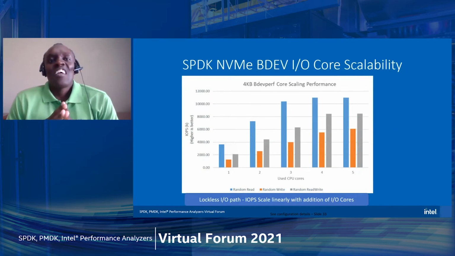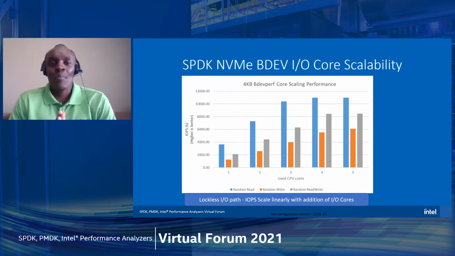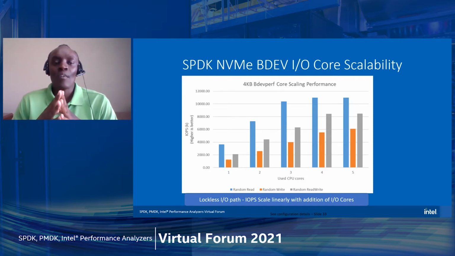Looking at the scalability of the lockless IO path of the SPDK NVMe BDEV, this is test case 2, and what I'm showing here is the IOPS scalability for all 3 workloads: the 4K random read, the 4K random write, and the mixed workload, 70% 4K random read and 30% 4K random write.